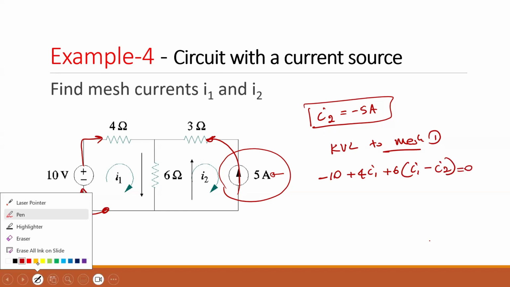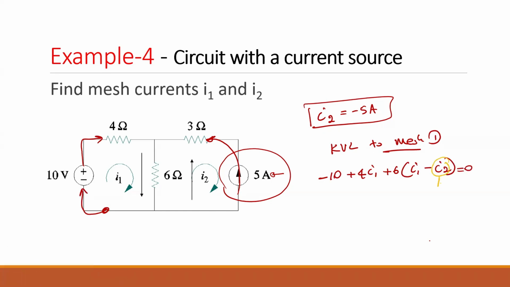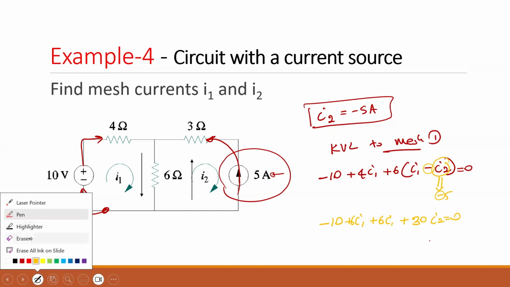Now you can substitute I2. I2 is equal to negative 5, so negative will become positive. So you can say 10 plus 6I1 plus 6I1 plus 5 times 6 is 30.